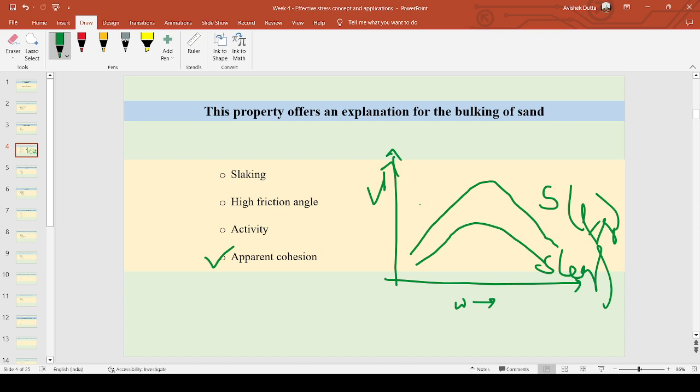Because sand is a coarse grained soil, it will not have any cohesive force. But due to interparticle adhesion under the action of capillary water, the volume increment occurs, which leads to the phenomenon called bulking of sand. I hope it is clear.